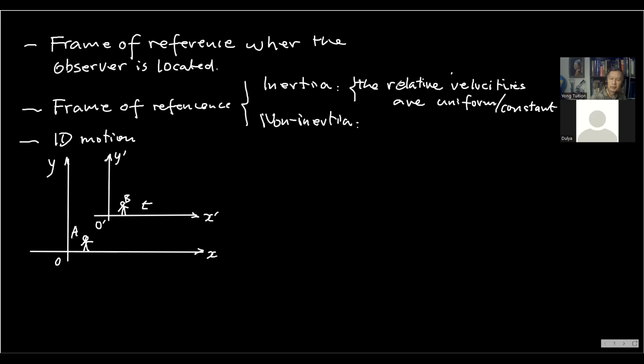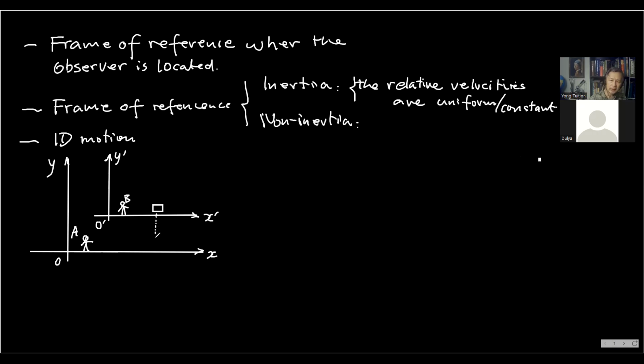Wait a minute. I will draw a proper object. This is the object. It could be the train, could be a moving object. And this object was recorded, and their positions will be different, isn't it?